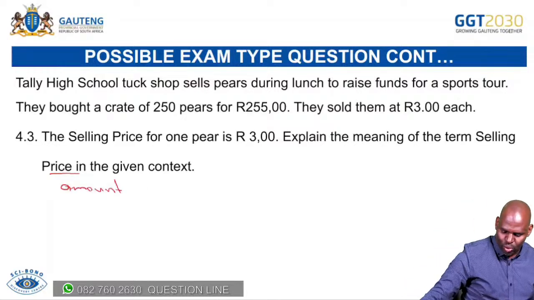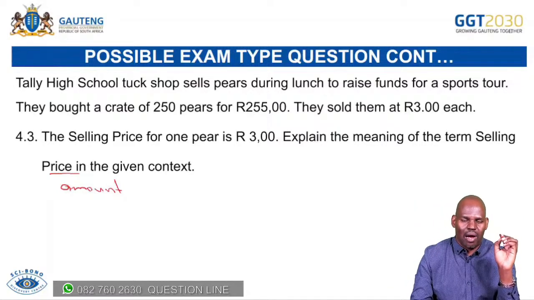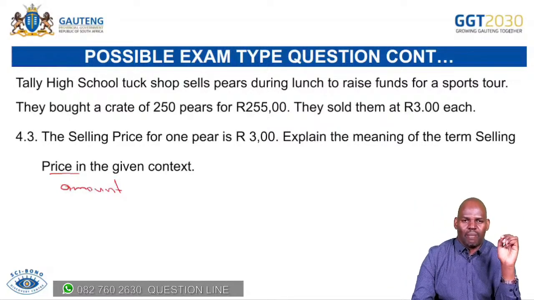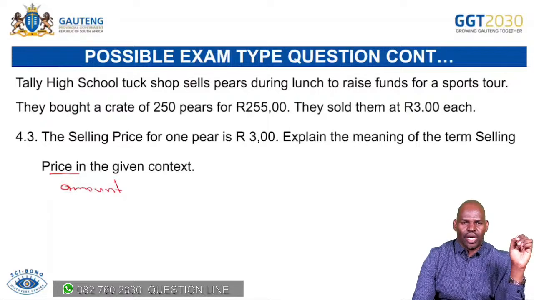So this one, it's the selling price for 1 PA. Now we have to think about the term selling price. Selling price is an amount that is used to sell an item.